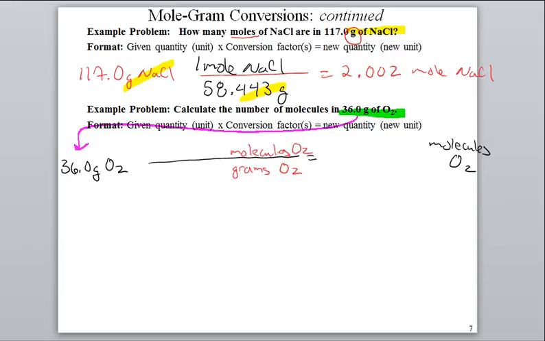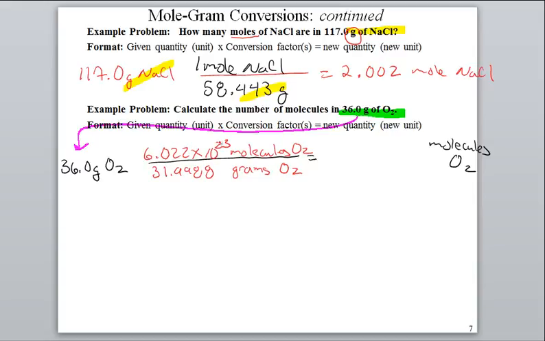The 3-unit relationship for O2 tells us if we had 1 mole of oxygen, there's approximately 32 grams, 31.9988 grams. If you have 1 mole, you have Avogadro's number of molecules, 6.022 times 10 to the 23rd.